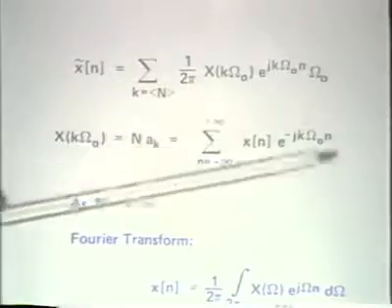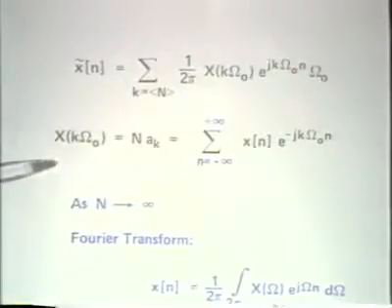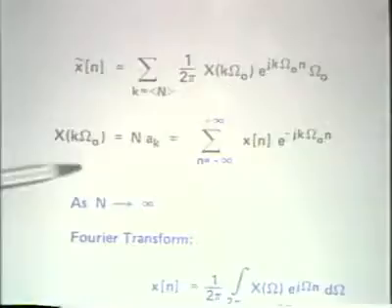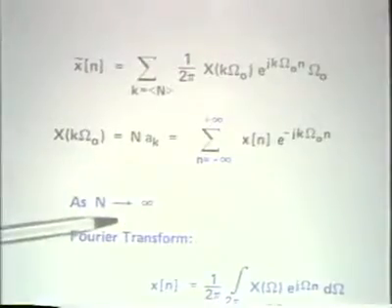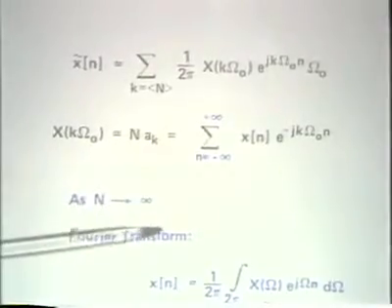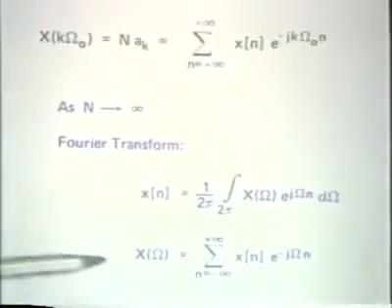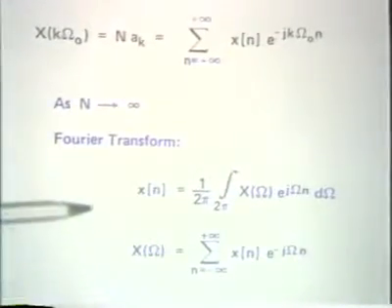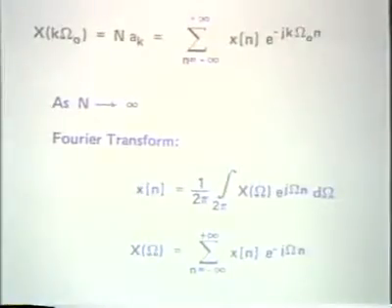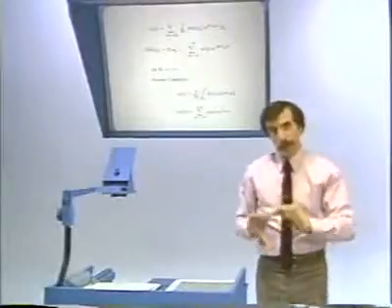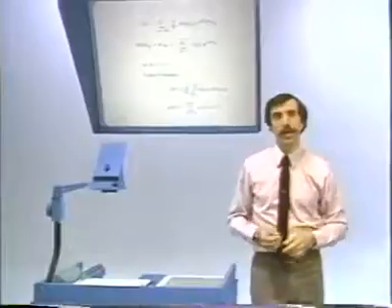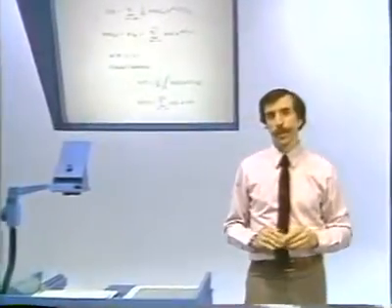And in the second equation, of course, this then becomes x of omega. And as the period goes to infinity, what the Fourier series becomes is the Fourier transform as summarized by the bottom two equations.